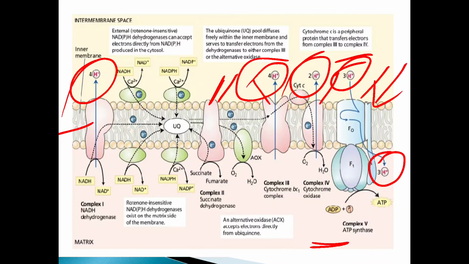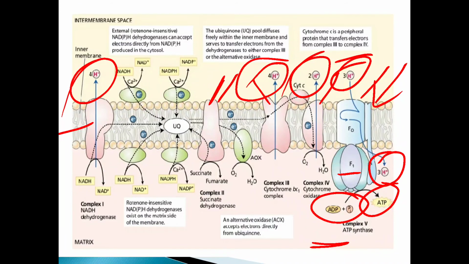These H positive ions help in rotating the rotating shaft of the F naught particle, which will lead to the movement of the F1 particle. Basically it will help in generating the conformational changes of the beta subunit, which will lead to the formation of ATP from ADP as well as the inorganic phosphate.